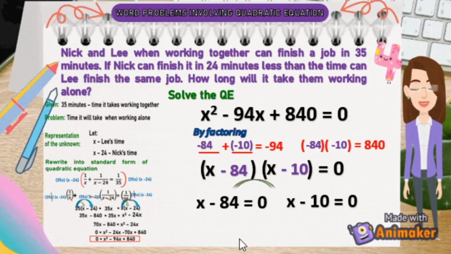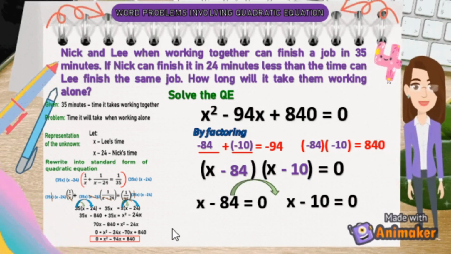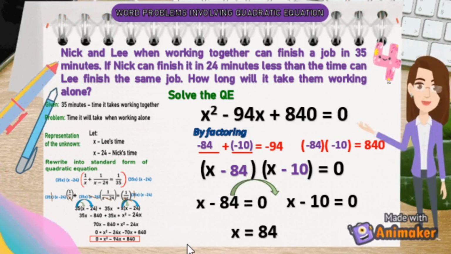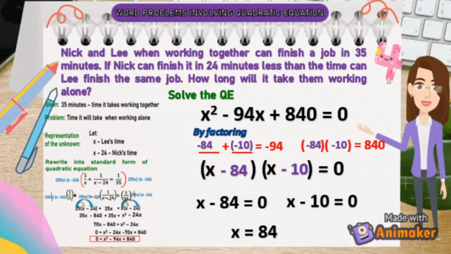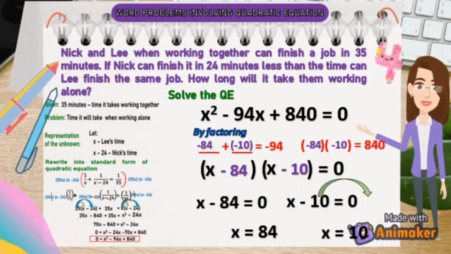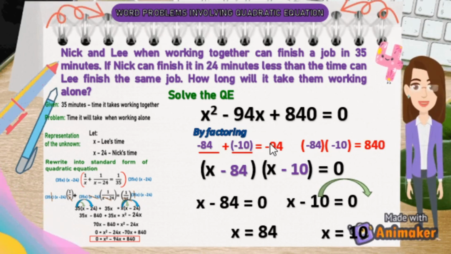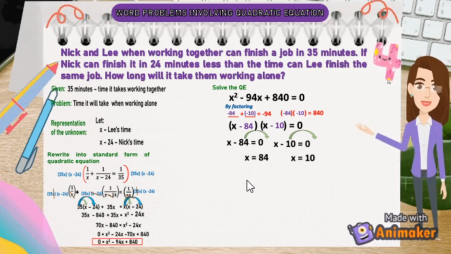And then transpose negative 84 or yung ating addition or subtraction property of equality. Magkakaroon tayo ng x is equal to 84. And dito naman sa negative 10, pag tinranspose natin, magkakaroon tayo ng positive 10. So, we have two solutions, 84 and 10. So, ano ba ang magsasatisfy sa 84 and 10 sa ating problem?